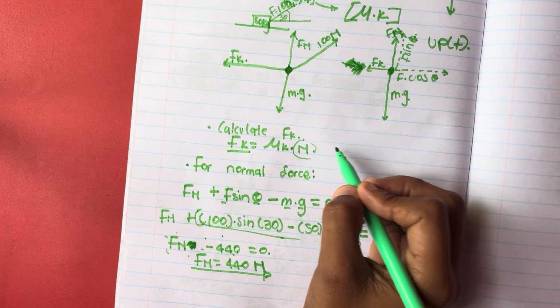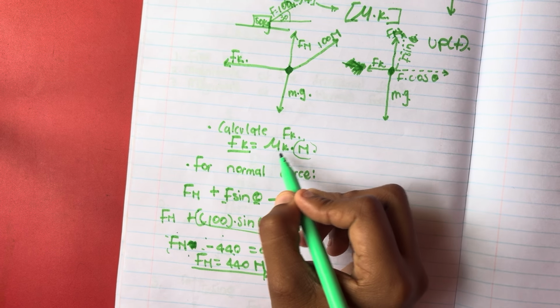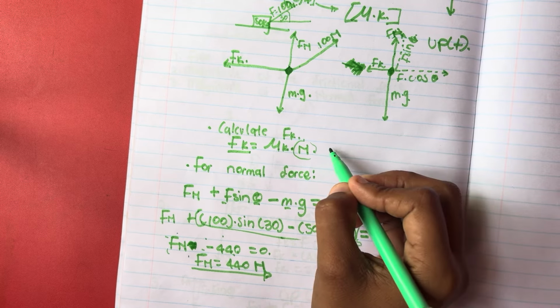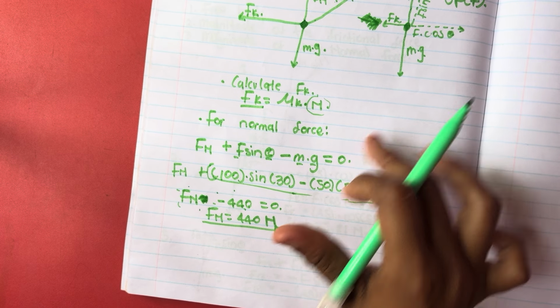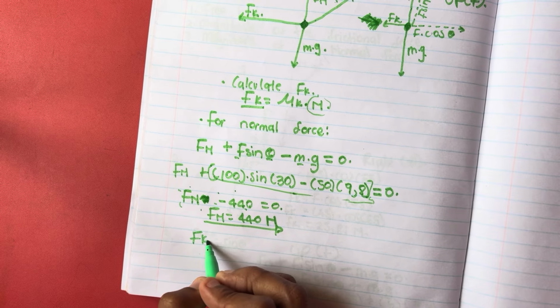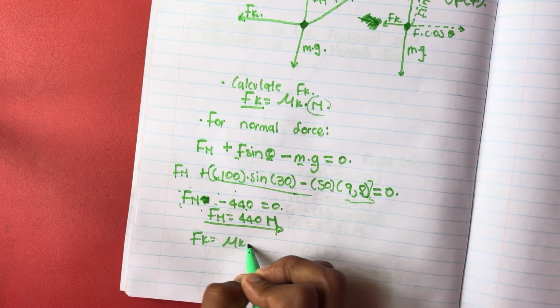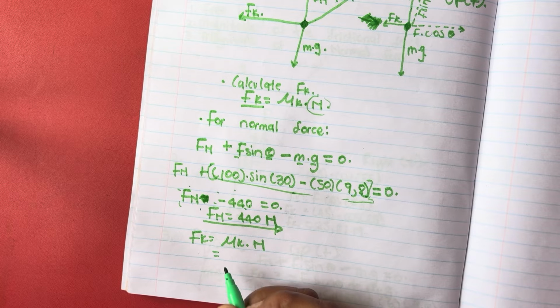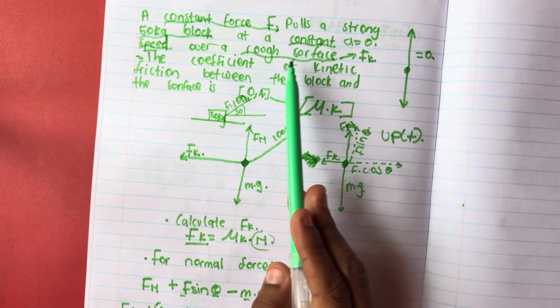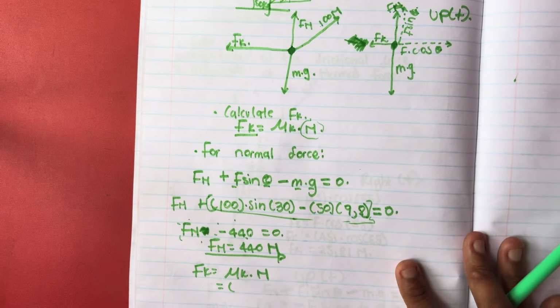So let's now do that. We said Fk equals mu k multiplied by the normal force. Should I write it here or here? I think let's write it here, sorry. So Fk equals mu k multiplied by the normal force. What is our mu k? It was 0,4. They gave it to us in the question statement, right?